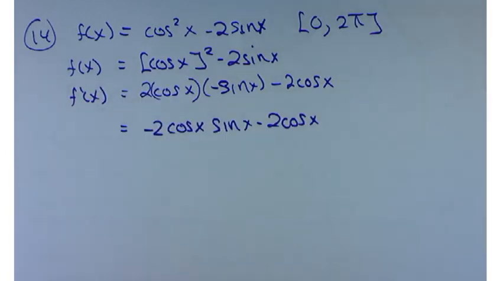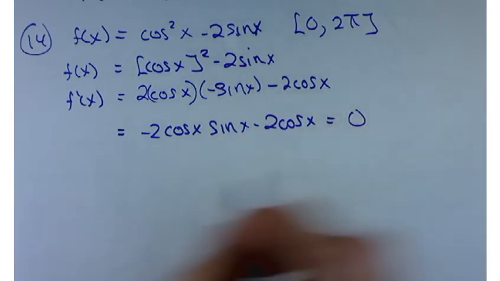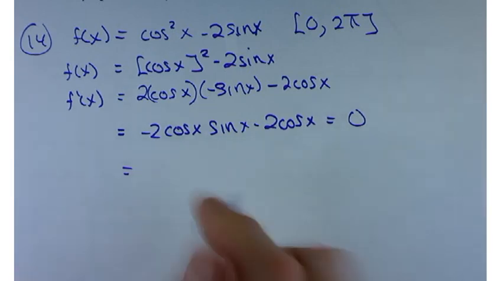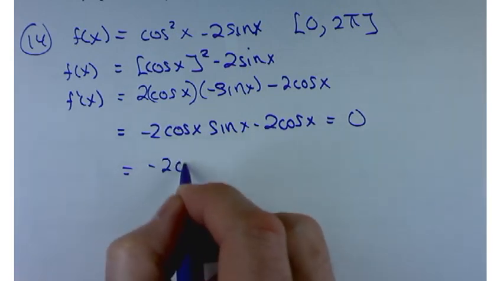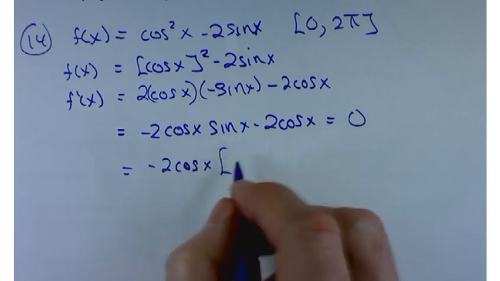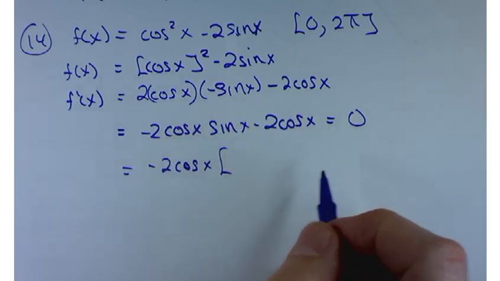Well, I need to know where this is equal to 0. And that's a little bit of a pain. I'll factor out the negative 2 cosine of x. And that leaves behind what? Let's see, sine of x plus 1.